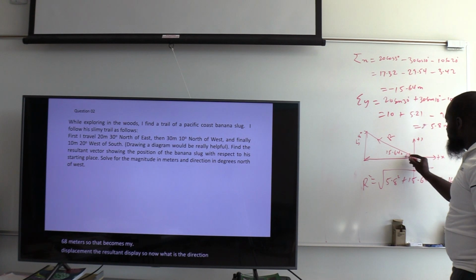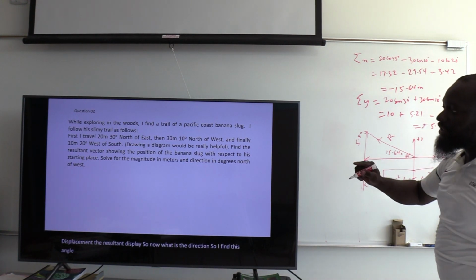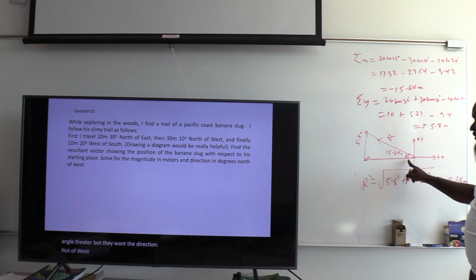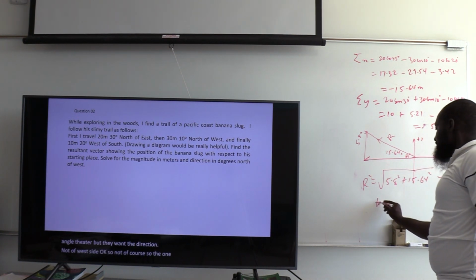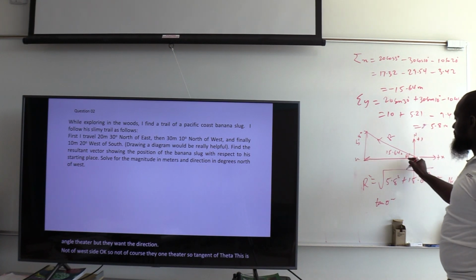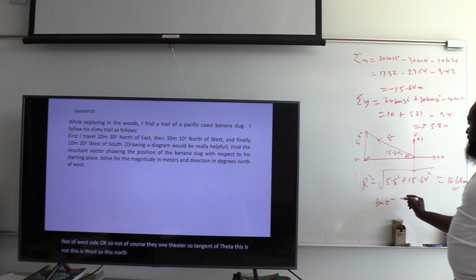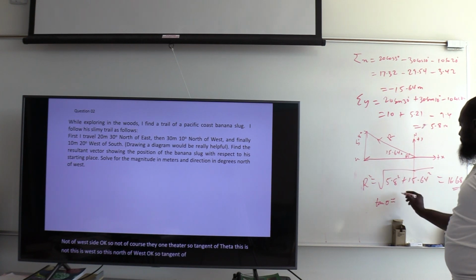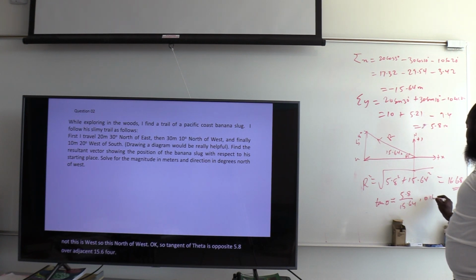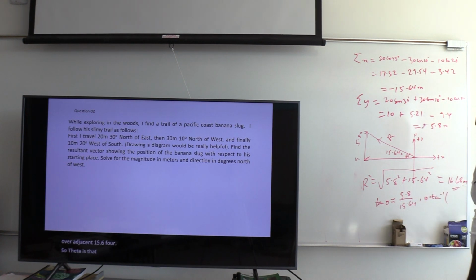So now what is the direction? I find this angle theta, but they want the direction north of west. Is that okay? So north of west, they want theta. So tangent of theta, this is north, this is west, so this is north of west. Tangent of theta is opposite 5.8 over adjacent 15.64. So theta is the tan inverse of 5.8 over 15.64.